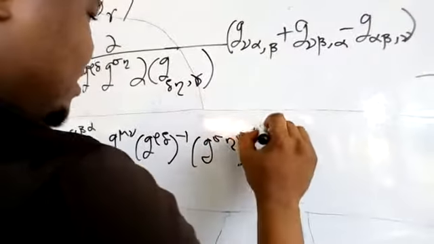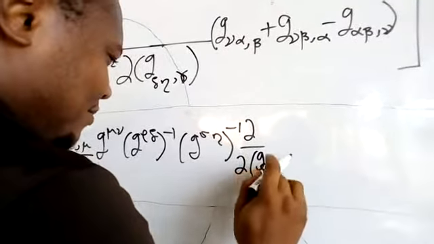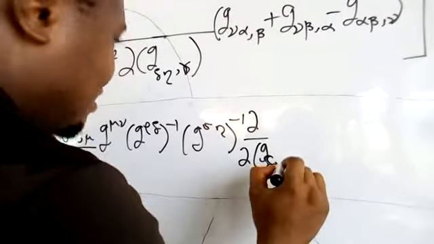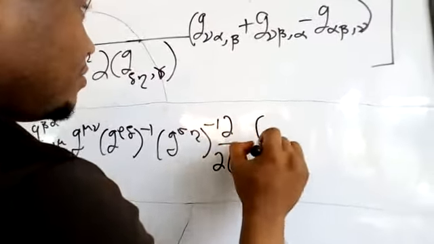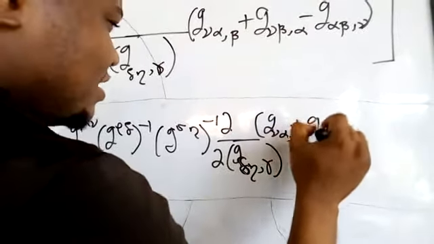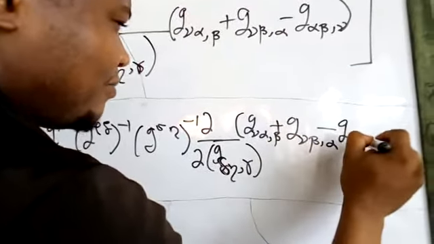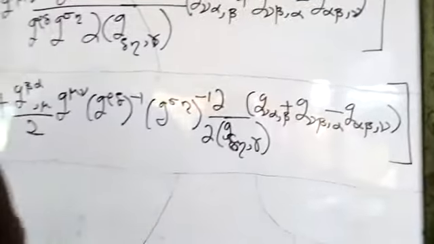Let's try to sandwich all that here. G delta eta wouldn't actually matter if it is eta delta or delta eta, gamma, and then I have here with me G nu alpha comma beta plus G nu beta comma alpha minus G alpha beta comma nu, and that is what I've got.